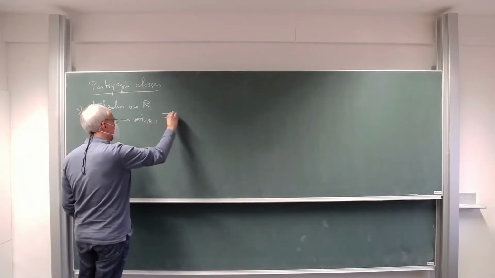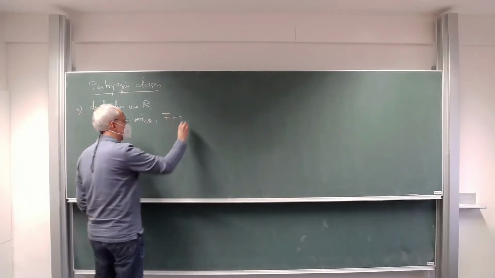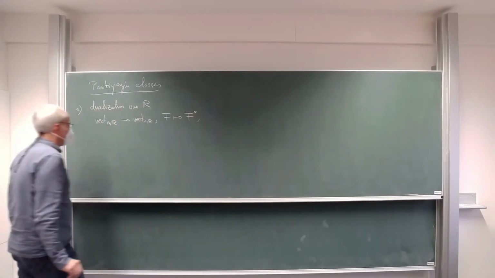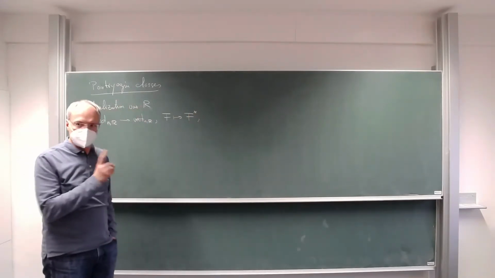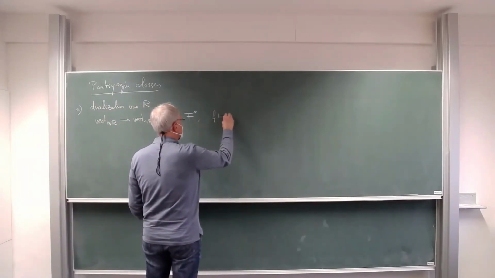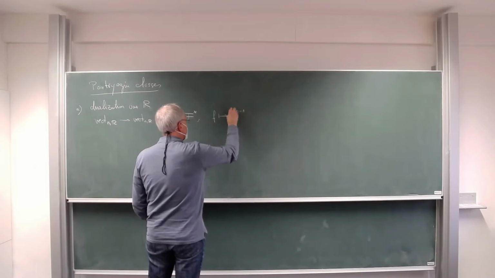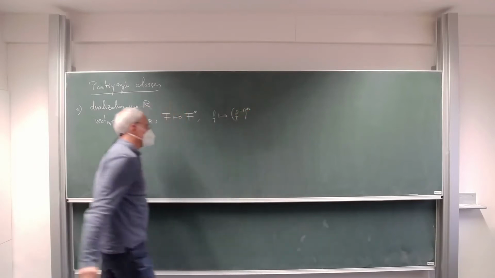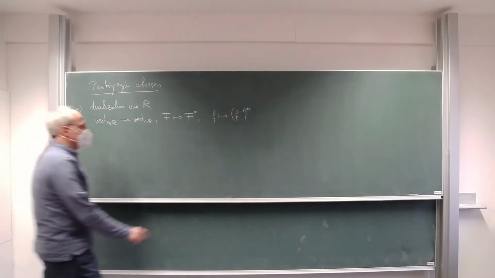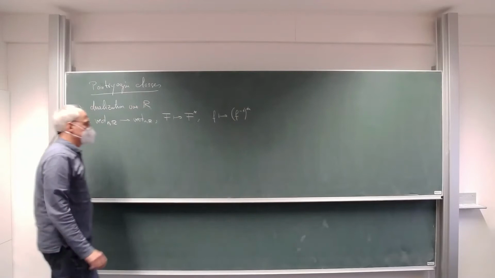It associates to such a vector space its dual space, and on the level of morphisms, it's only defined on isomorphisms, such an isomorphism f is mapped to f to the minus 1, so the inverse of f dualized. And this f to the minus 1 is needed to make it a covariant functor.